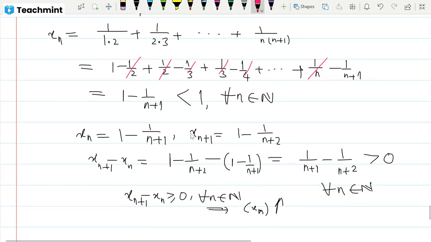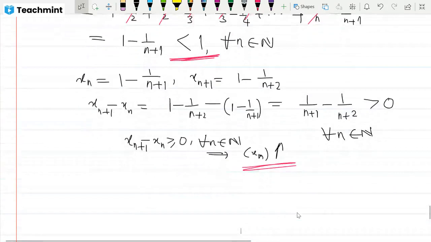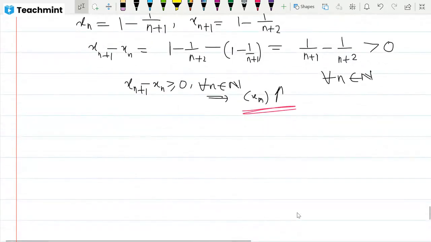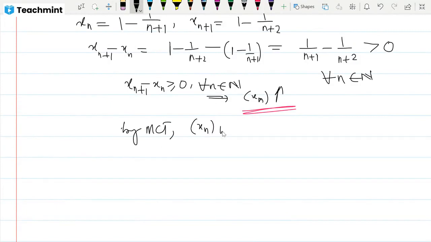So from this we can conclude that xn is bounded, and from this xn is increasing. Therefore it is convergent by MCT. The sequence is a convergent sequence by the monotonic convergence theorem. So by MCT, xn converges.